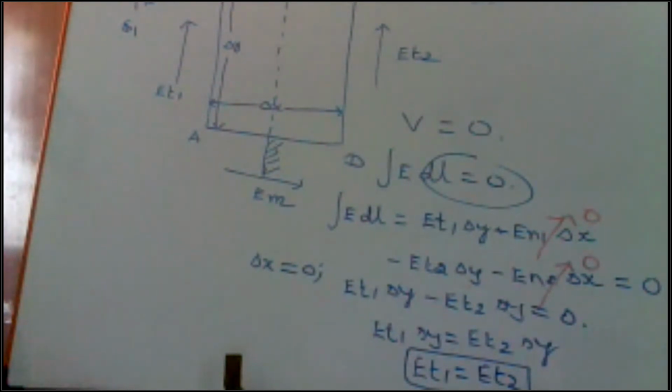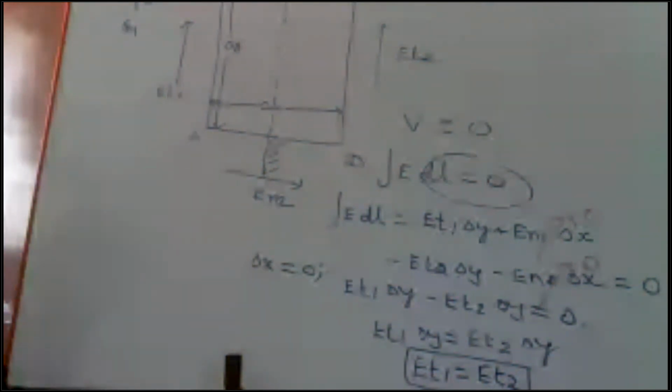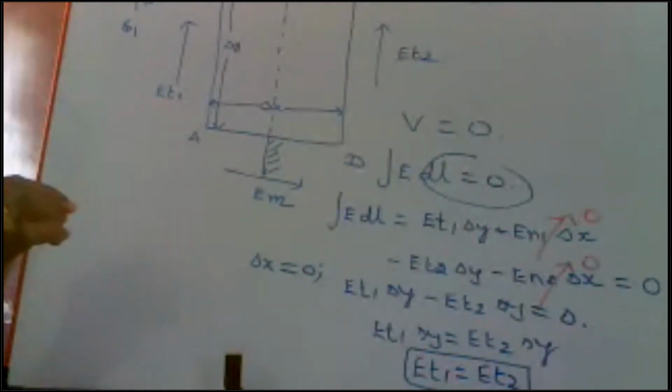So et1 is equal to et2: the tangential component of electric field intensity in medium 1 is equal to that in medium 2. So these two are equal, which means it is said to be continuous.